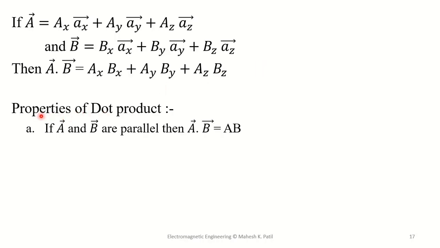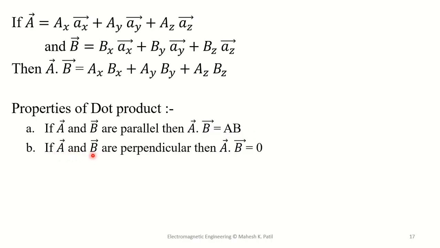Then we will see the properties of the dot product. If A bar and B bar are parallel, then A bar dot B bar equals magnitude of A into magnitude of B, because the angle between the vectors when parallel is 0 degrees, and we know that cos 0 is 1, therefore A bar dot B bar equals AB.